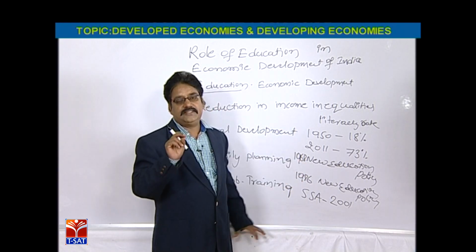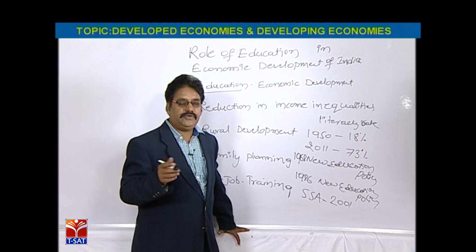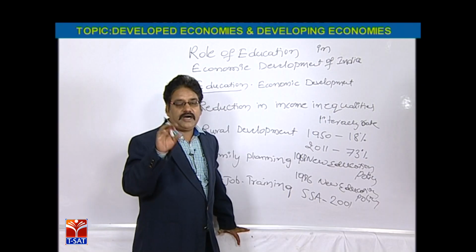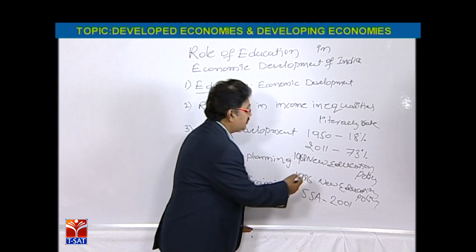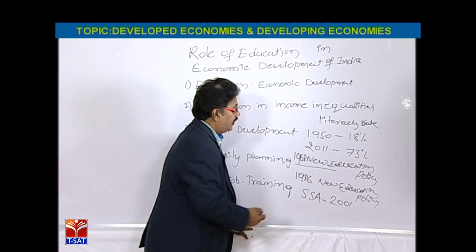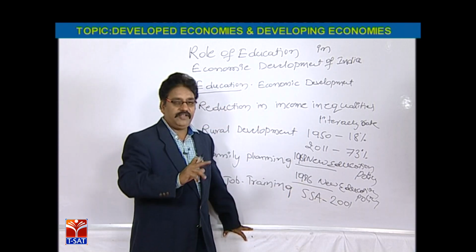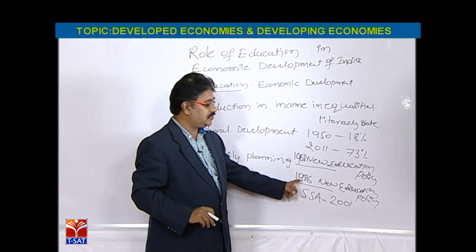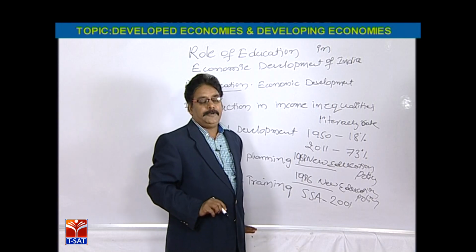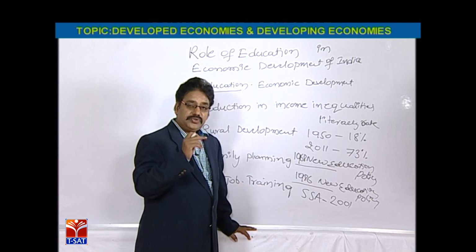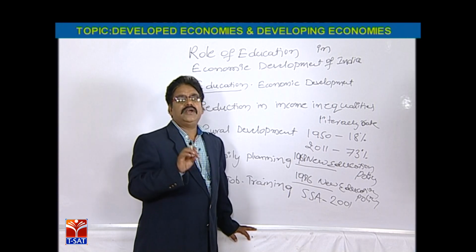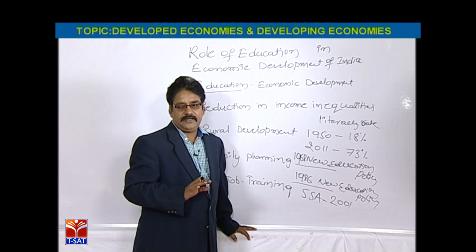This was our answer. To confuse, the question may be asked in a different way. We have to be conscious that the first new education policy was this one, and after that the modified new education policy was issued in 1986, and Sarva Shiksha Abhiyan was issued in 2001. What is the aim of Sarva Shiksha Abhiyan?